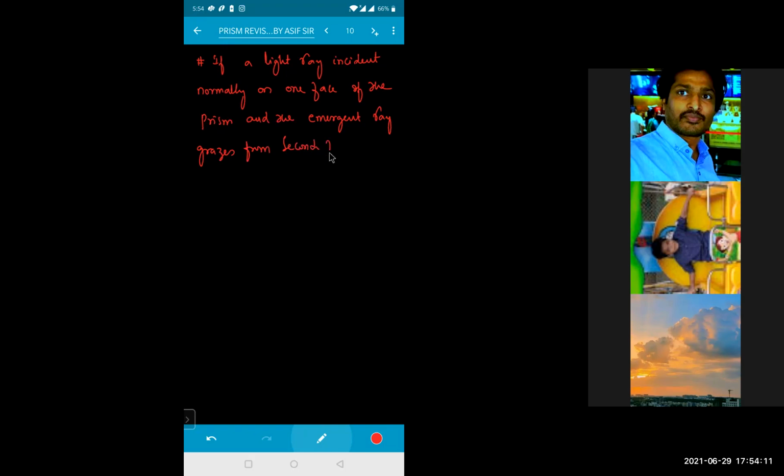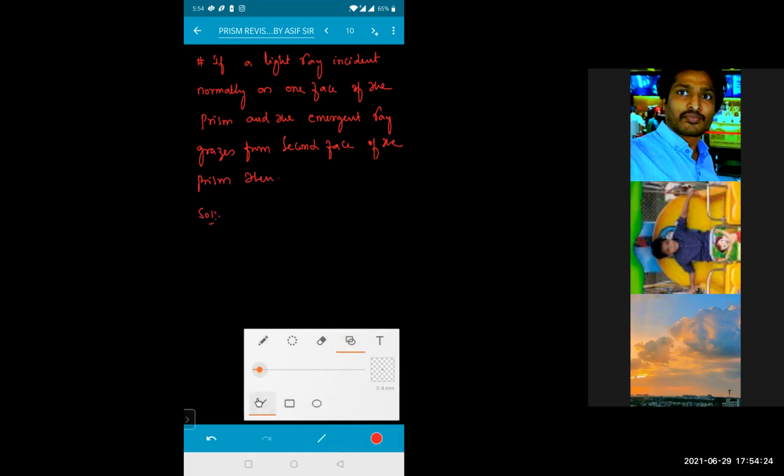See the condition: if a light ray is incident normally on one face of your prism, and the emergent ray grazes the second face of your prism, then what all cases are possible, as I told you in the previous one. Understand the terminologies.